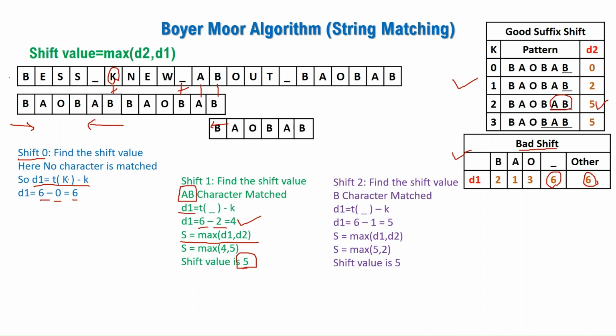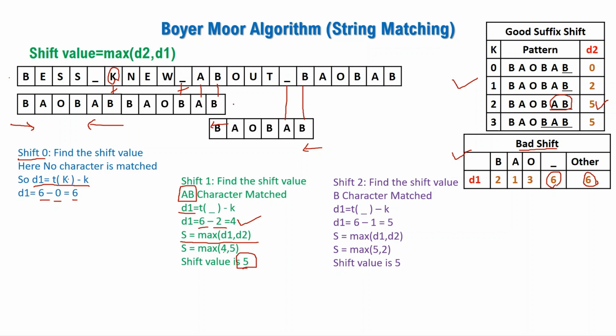So now again the same thing happens here. You just check whether all the characters are matched from right side to left side. Is this character matched here? Yes, this character is matched, and here this character is not matched. Observe one thing here.